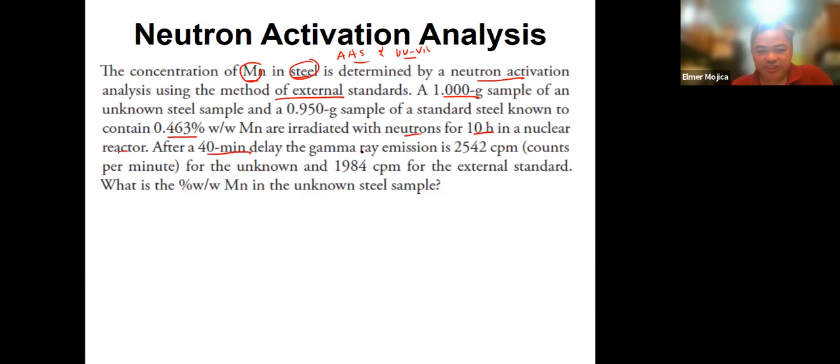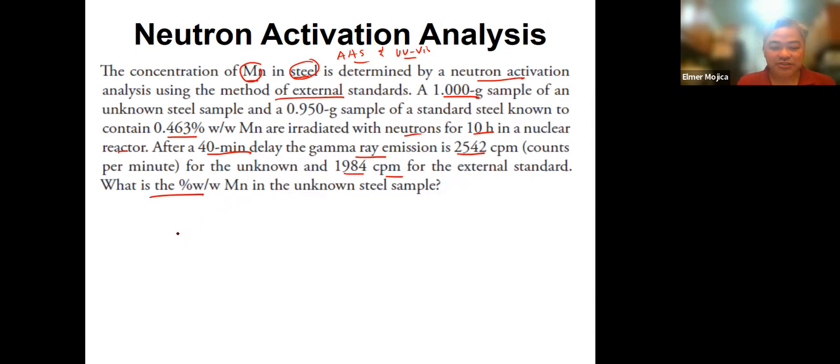After a 40-minute delay, the gamma ray emission gives 2,542 counts per minute for the unknown, and 1,984 counts per minute for the external standard. So what is the percentage manganese in the unknown steel sample?